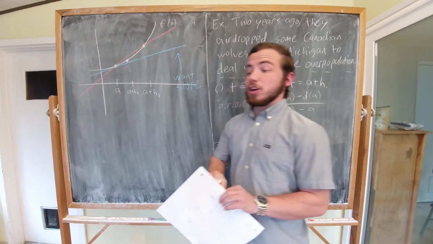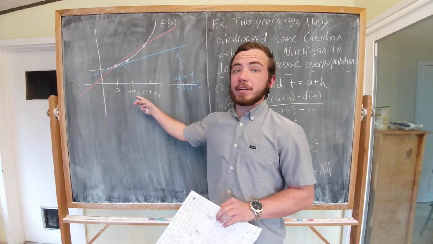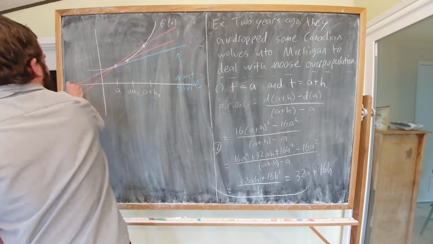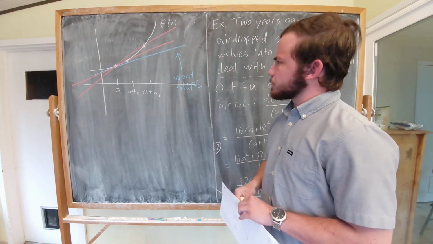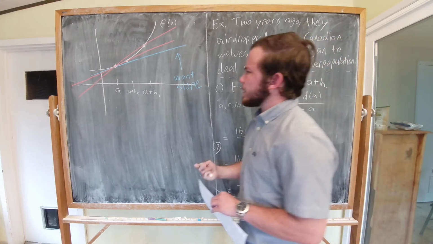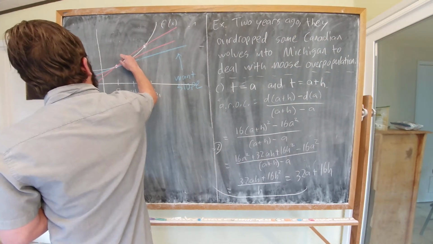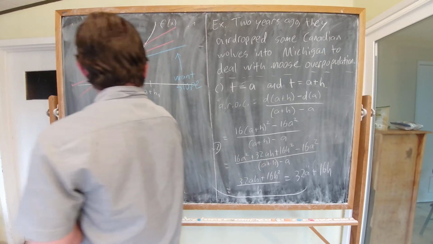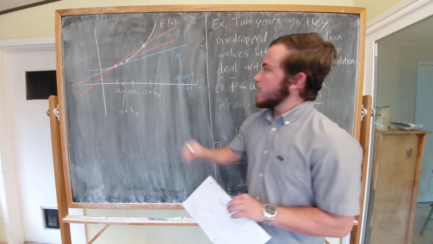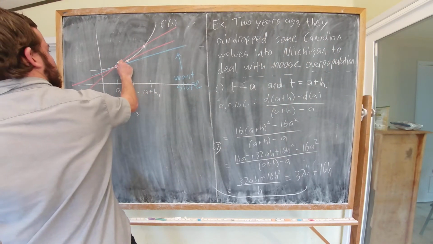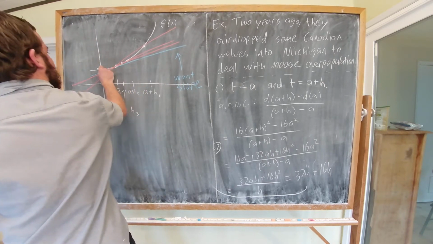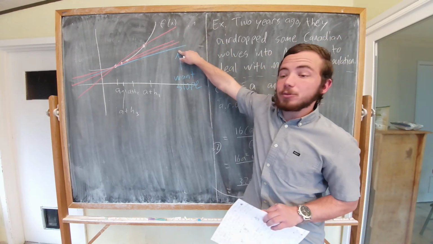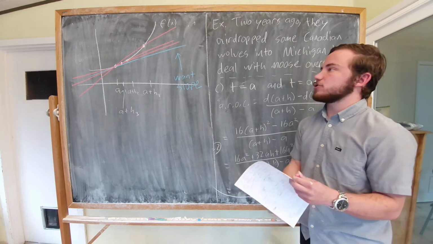The average rate of change between a and a plus h2 would give us the slope of this line right here, which is much, much closer to our original tangent line. Let's pick one more point. And let's say that this is a plus h sub 3. The average rate of change between those two will give us the slope of that line. And we see that the lines are getting really, really close to our original tangent line.